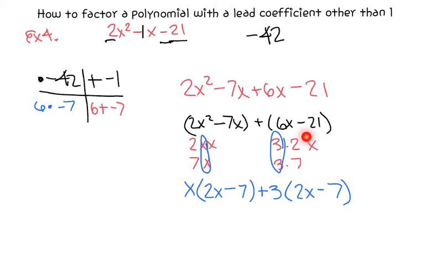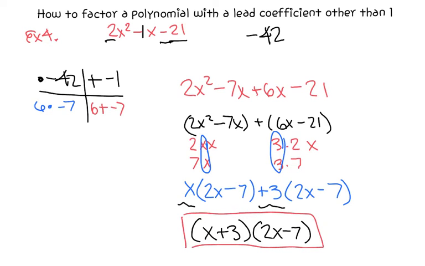Again, the minus sign is coming from the original. So hopefully, if we did this right, these two should be the same. So we know that our first binomial is going to be the one on the outside, our GCFs. And then the second binomial, we just bring down the one that was in common. And that would be our answer.